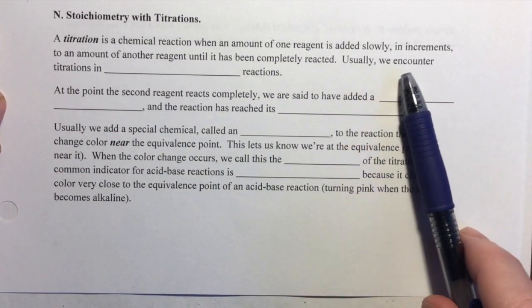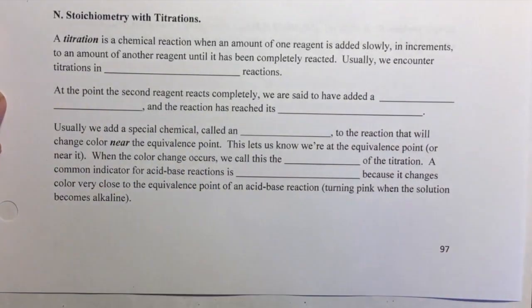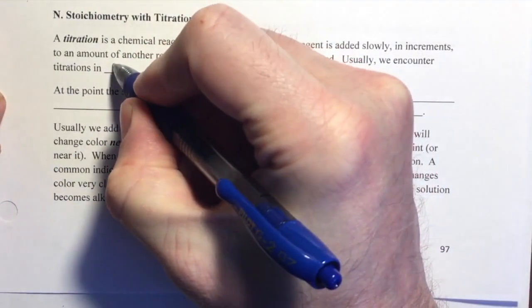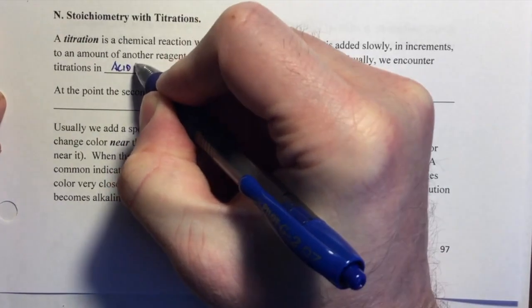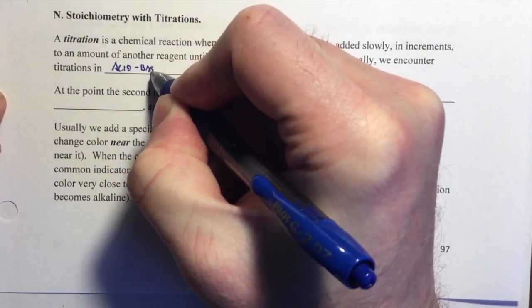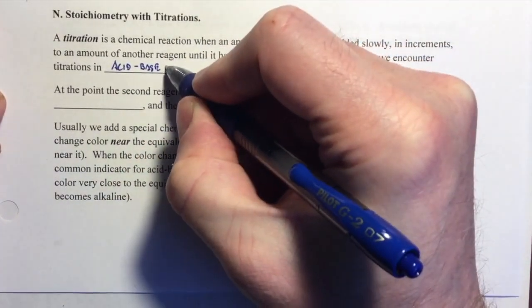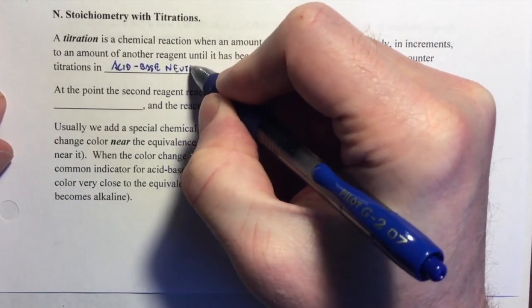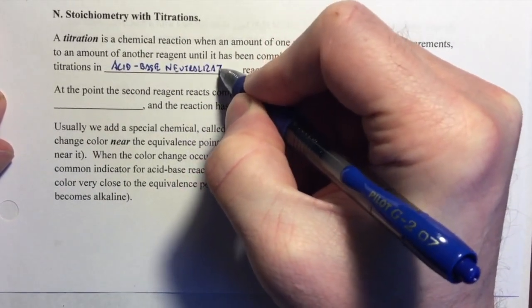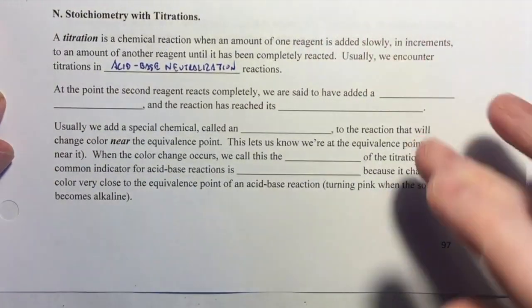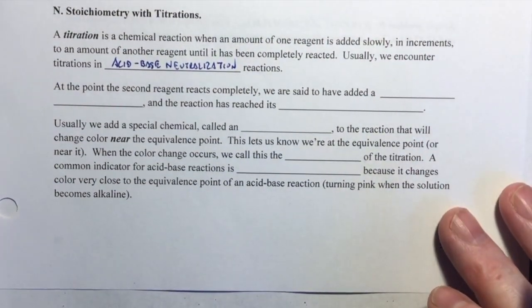And at this level of chemistry, usually we encounter titrations in acid-base neutralization reactions. Remember, that's one of our 6 basic types.